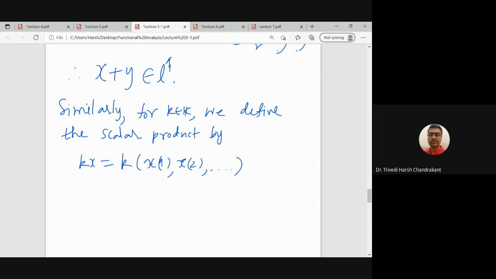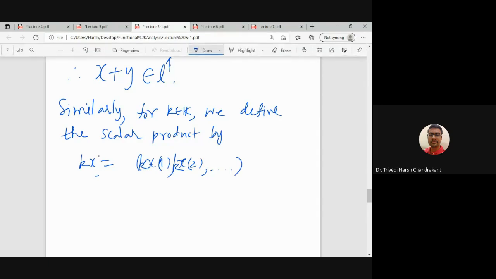So basically, what is k times this? We need to multiply k inside. So this is the definition of the scalar product of k with an element of L1.